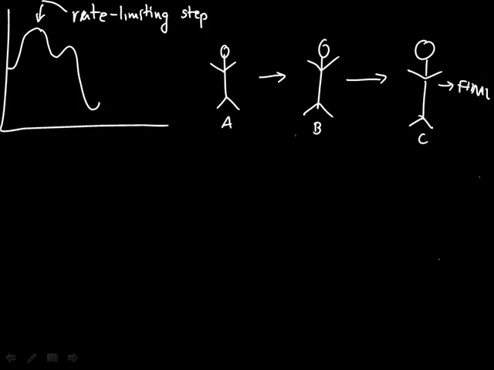And if we imagine that person B is slow, what will really control the rate of the production of the final product is the rate at which person B works. Because since person B is slow, person C will not have anything to do until person B is done. Okay, and so as soon as person B is done with its part of the work, person C will quickly finish it and finalize the product.